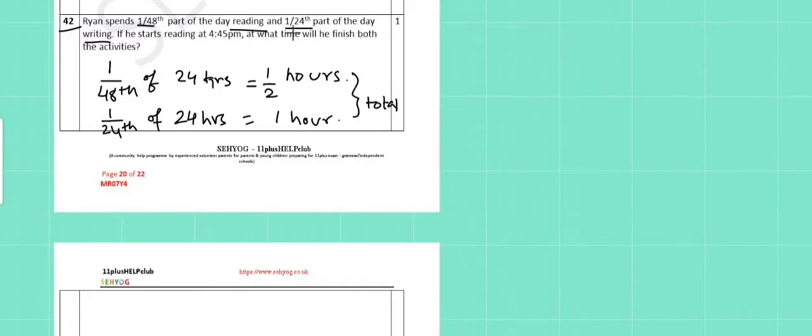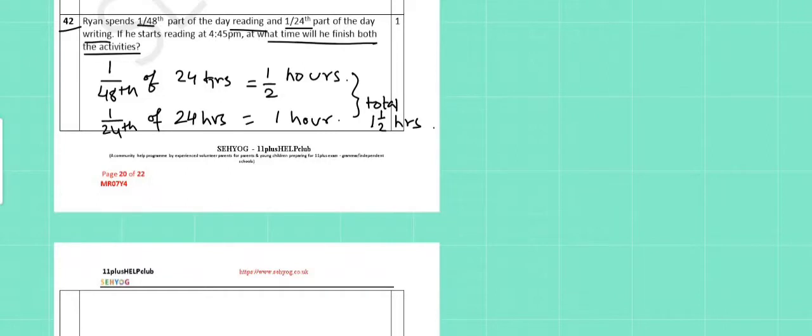So, that gives half an hour, and similarly 1/24 of a day, that is 24 hours, gives us 1 hour. So, Ryan can finish both the activities in 1.5 hours.